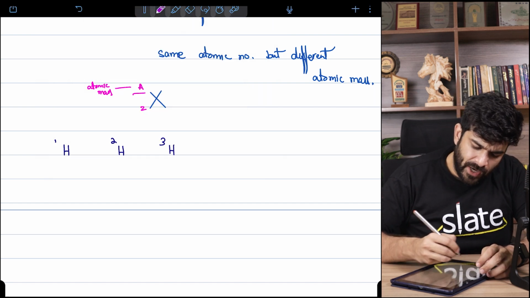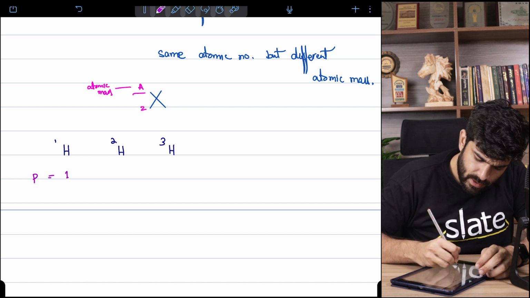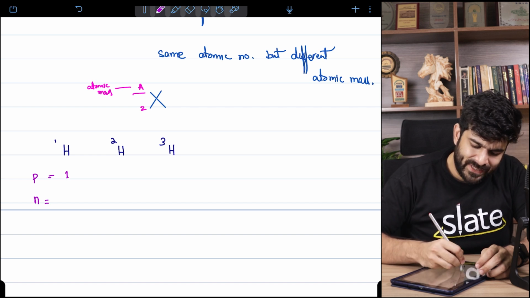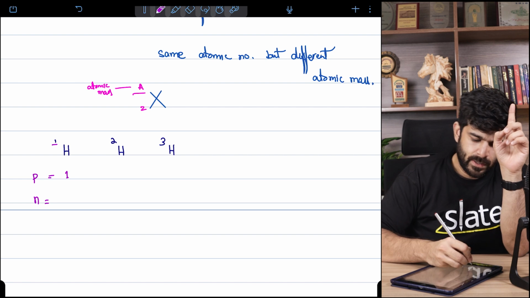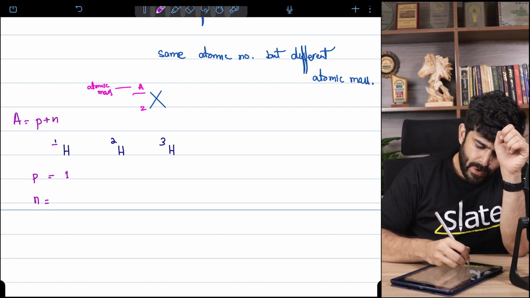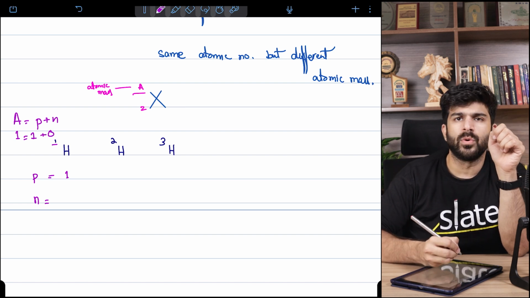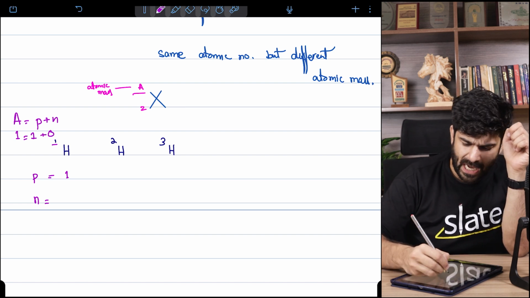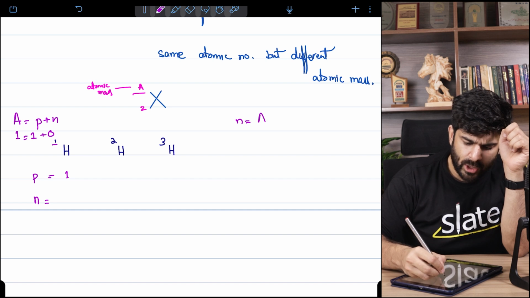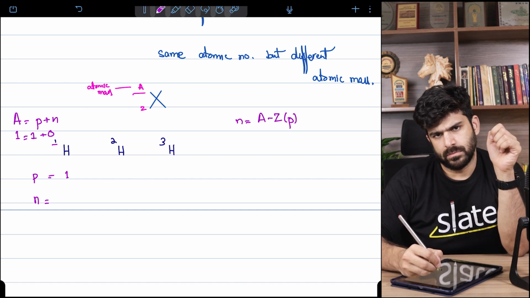But what do we infer from that? What is the number of protons here? 1. Neutrons? If 1 is the mass, the mass is P plus N. If mass is 1, proton is 1, then neutron must be 0. So how to calculate the number of neutrons? Atomic mass minus Z, the number of protons.